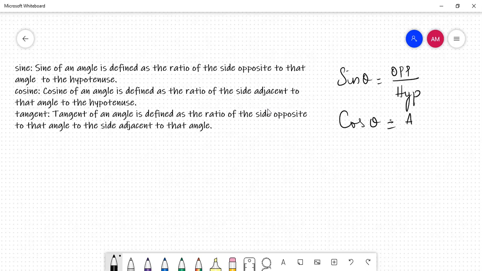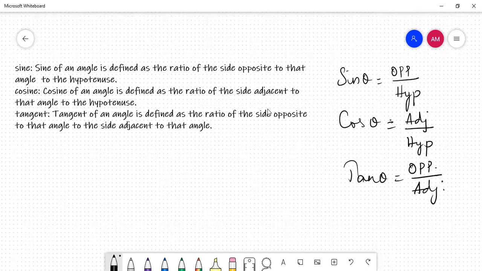So cos theta is adjacent side by hypotenuse. Tangent of an angle is defined as the ratio of the side opposite to that angle to the side adjacent to that angle. So tan theta is equal to opposite side by adjacent side.